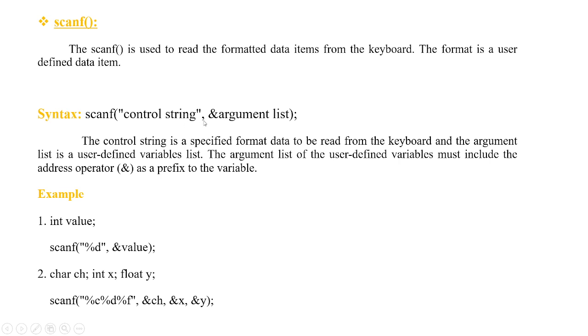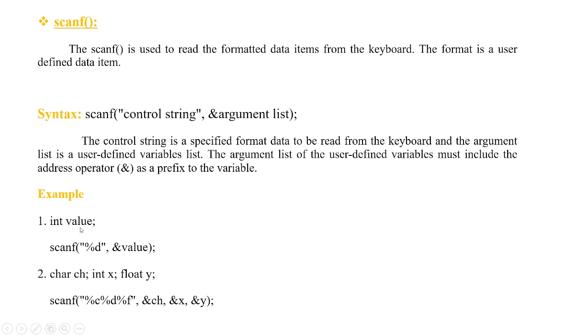After the control string, there will be the address of operator, the address of the variable in which we are going to store the value. So whatever values are read from the keyboard are going to be saved in the argument list provided over here, where this argument list should be prefixed with the ampersand.